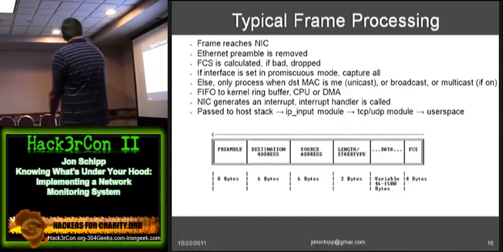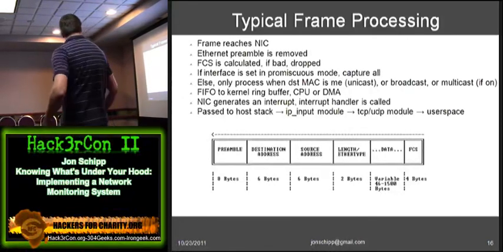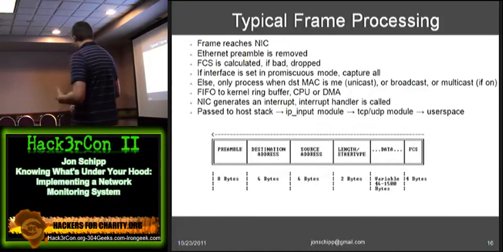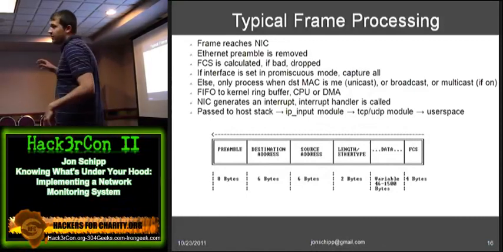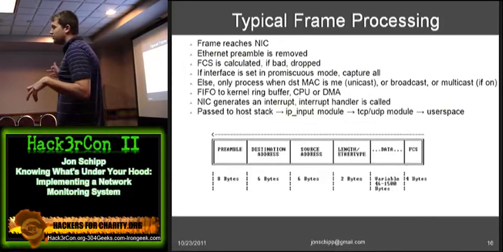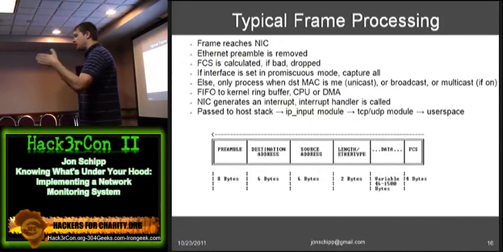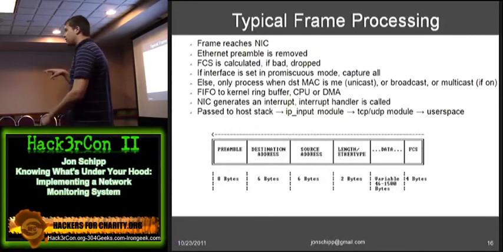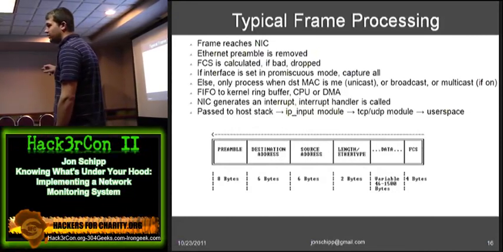Okay, typical frame processing. Here are some things that you know about. When a frame reaches a NIC, the Ethernet preamble is removed, and then the frame checksum sequence is calculated, right? Most NIC cards will not pass the frame through the NIC into the internal memory, and then to the operating system, if the checksum sequence is invalid. They get dropped.